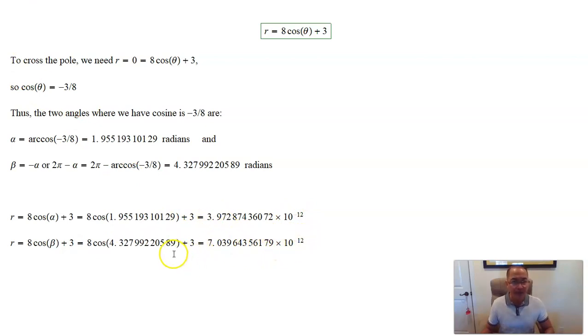Slightly different, because of course these are approximations. Okay, so that gives us the two angles at which we cross the pole. And these are going to be important because in our next topic, we are going to find areas bounded by polar curves. We're going to look for the area of that inner loop.